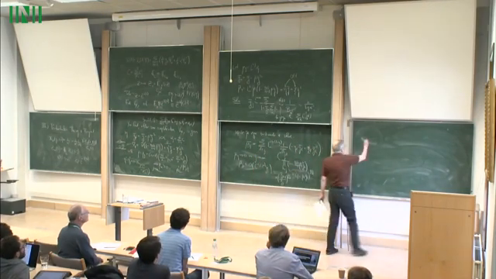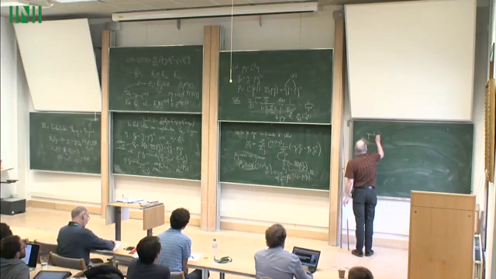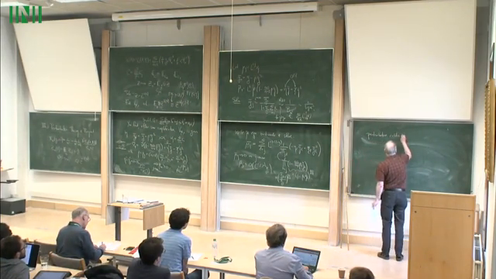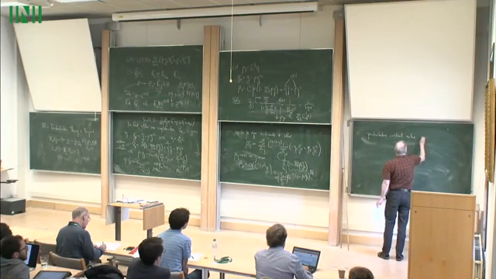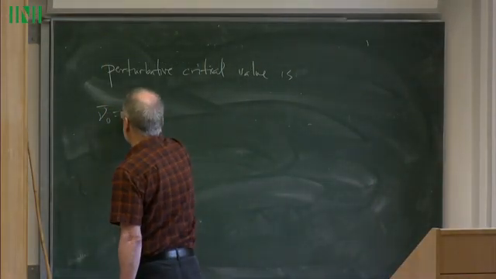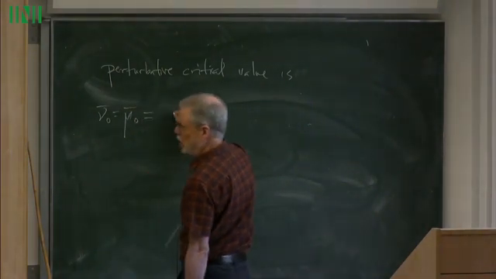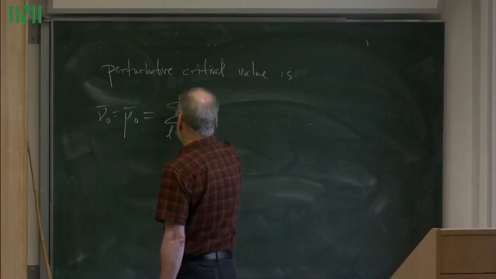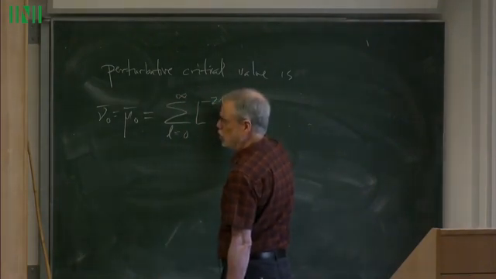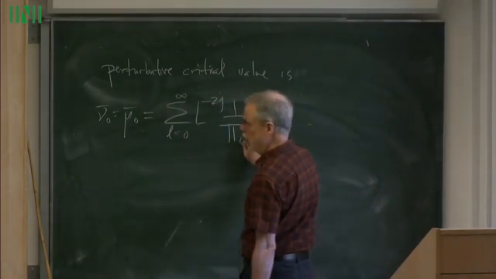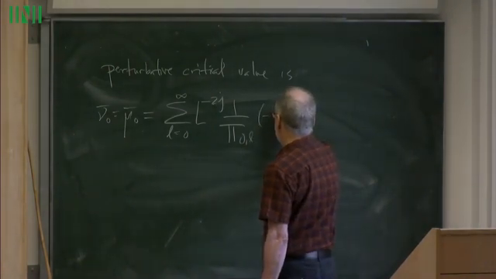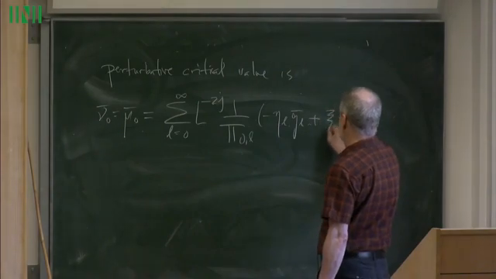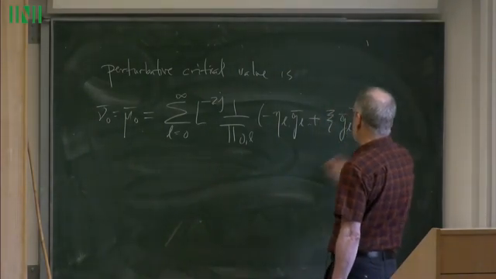So the perturbative critical value is nu bar 0, which is mu bar 0, which is this sum: sum L equals 0 to infinity, L to the minus 2j, 1 over this pi, 0L, minus eta L g_L bar plus psi g_L bar squared.